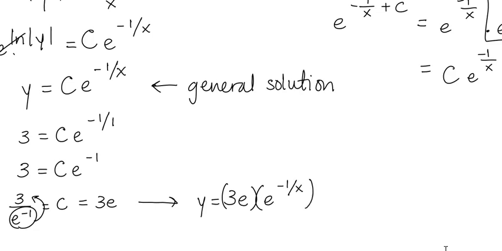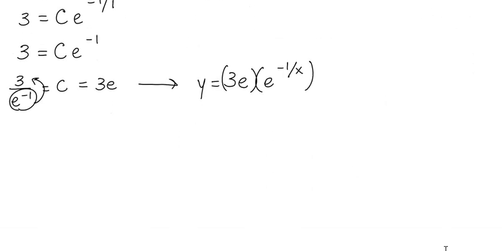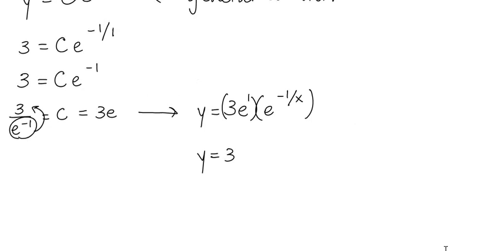Then the last thing I'm going to do is use rules of exponents to simplify this. So I have y equals 3. The exponent on this e is 1, and the exponent on the e that it's multiplied with is negative 1 over x. So I'm going to add those together. So I'm doing 1 plus negative 1 over x.